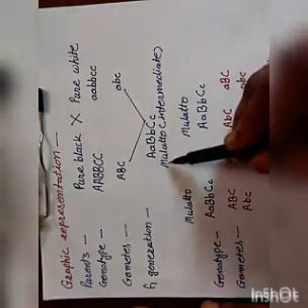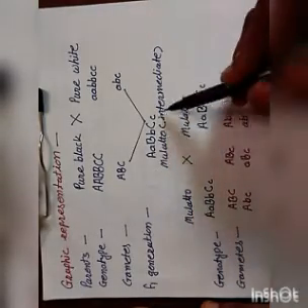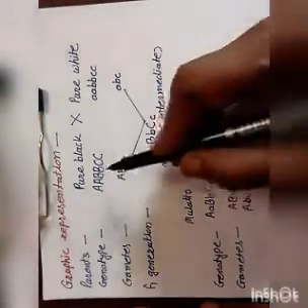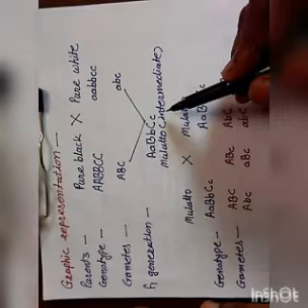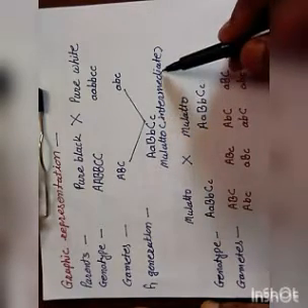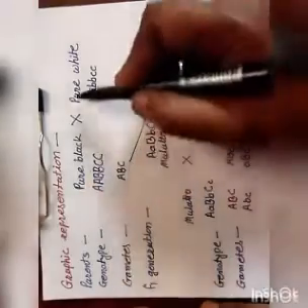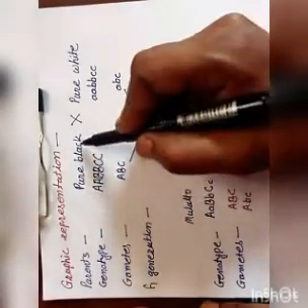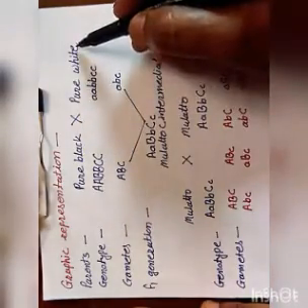These are called mulattoes, and these are intermediate, means they lie in between these two shades, the pure black and the pure white.